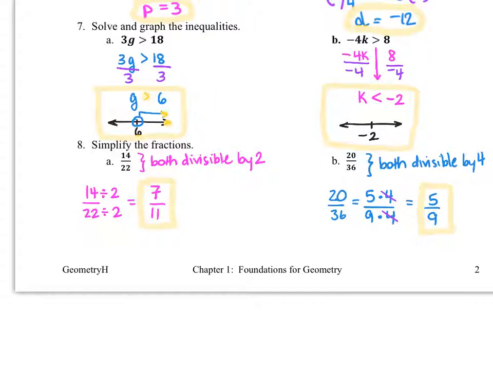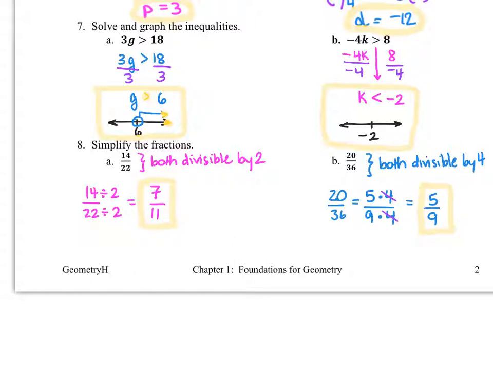So when we get to 7B, it's a tiny bit more complicated because when we get rid of the coefficient -4, we are dividing by a negative number. And anytime we either divide or multiply by a negative number, then we have to reverse the direction of the inequality.